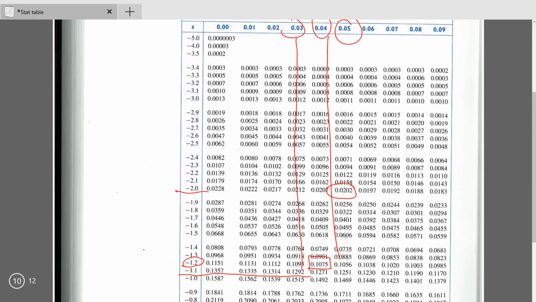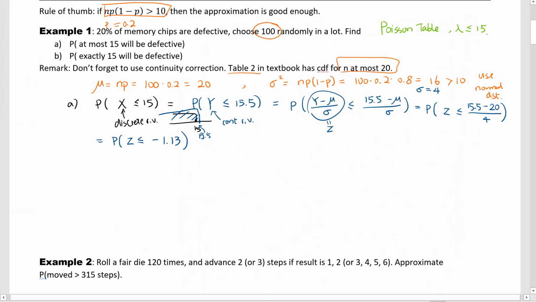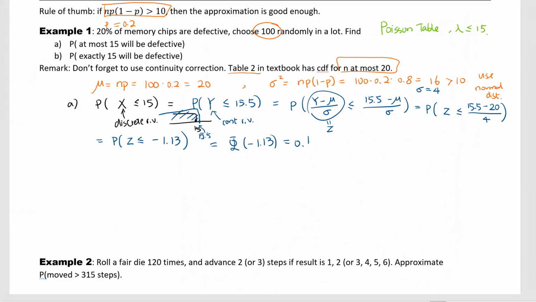Here. So negative 1.13 is 0.1292. Okay, so that's phi of minus 1.13, which is 0.1292. So this is from table 3, the CDF values for the standard normal distribution. Alright, so this is part A.